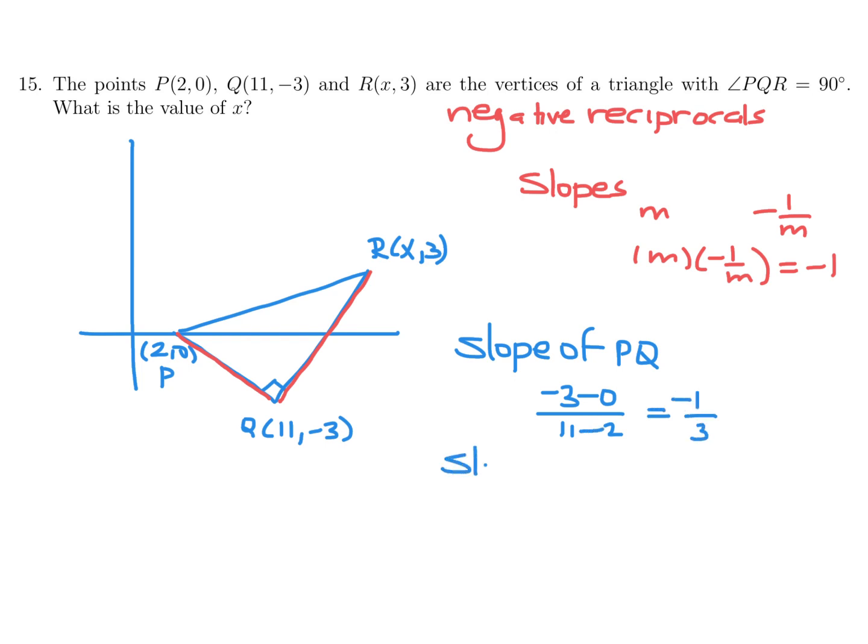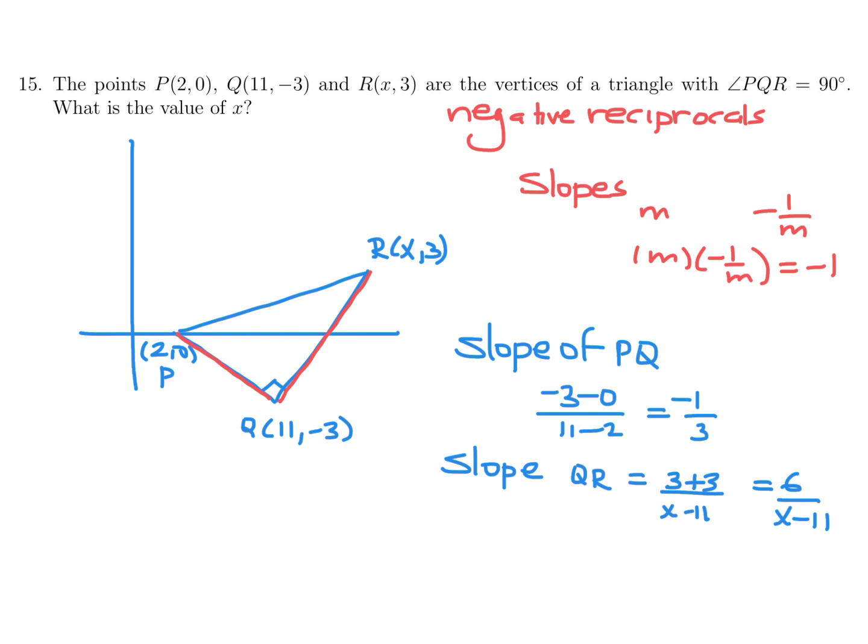And the slope of the other one, that's QR. That's 3 plus 3 over x minus 11. So that's 6 over x minus 11. And therefore, these two slopes are negative reciprocals. So basically what that means is that when you multiply them together, they give negative 1.